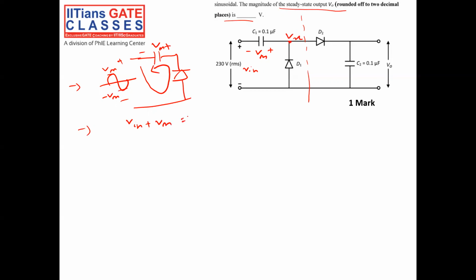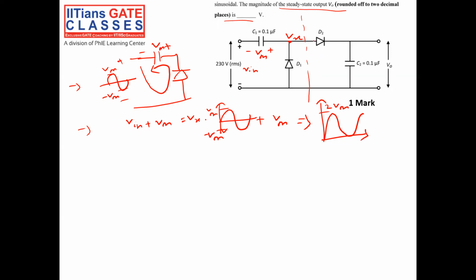But if I draw pictorially, if my input is a sinusoid of plus Vm and minus Vm, I am adding some DC voltage Vm. It will give me 2 Vm. Right? So here I am getting 0 to 2 Vm.